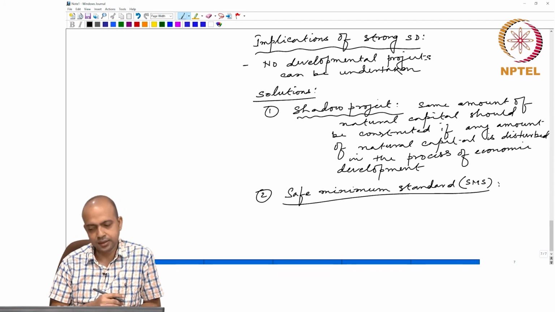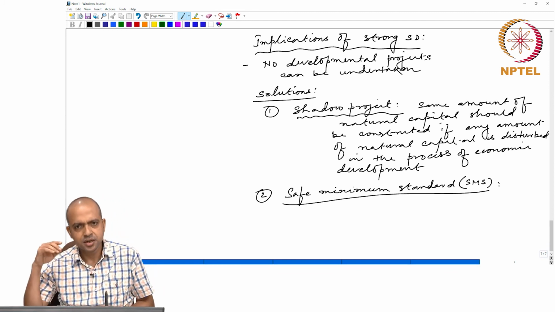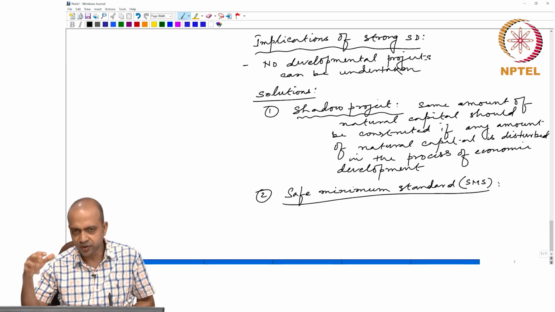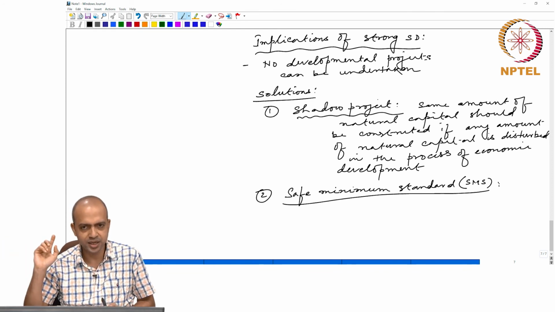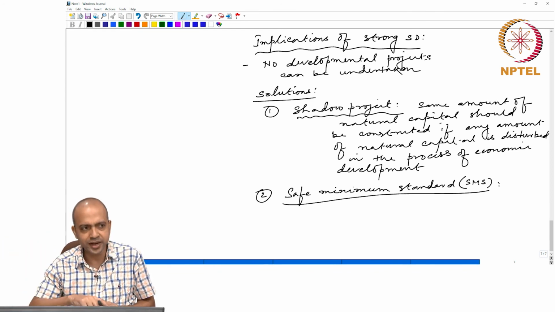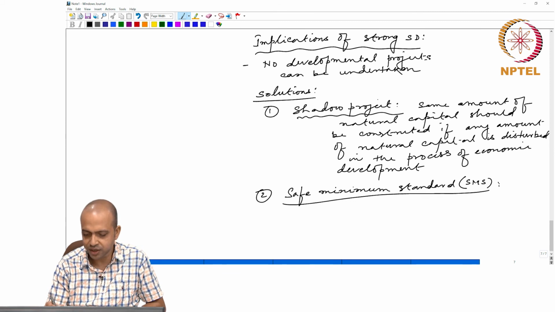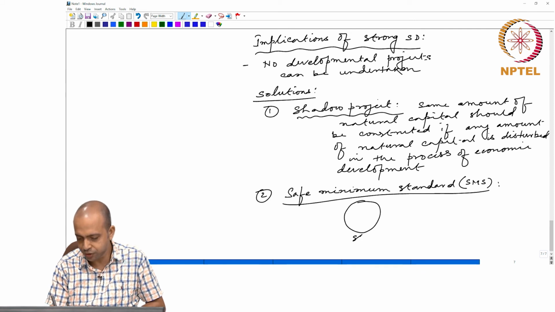What they say is that since natural capital is very hard to replace, instead of depleting the entire stock of natural capital in the process of economic development, let us say that this is the stock of natural capital.